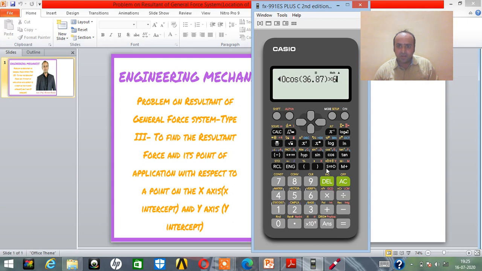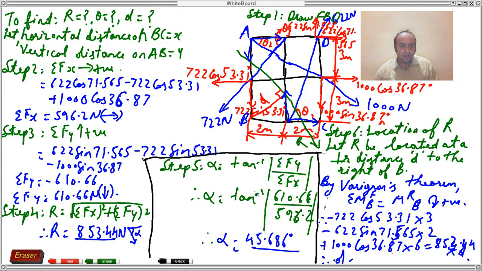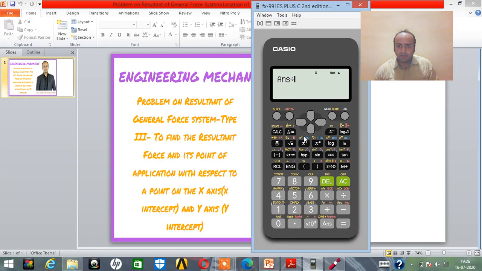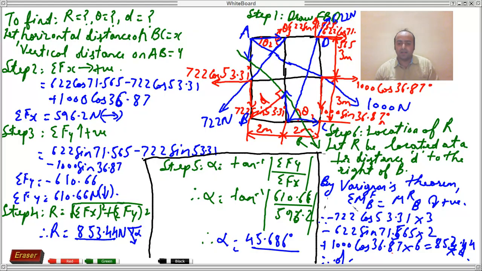So the value is there, divided by, what was the value of resultant? 853.44. So here it is 2.833 and the value is positive, that means our assumption is correct. So therefore D is equal to 2.833 meter to the right of B. So friends, once we are done, let us get the values of X and Y.